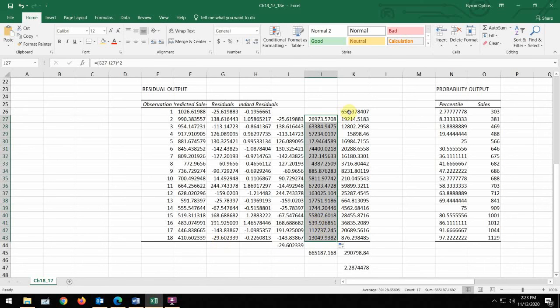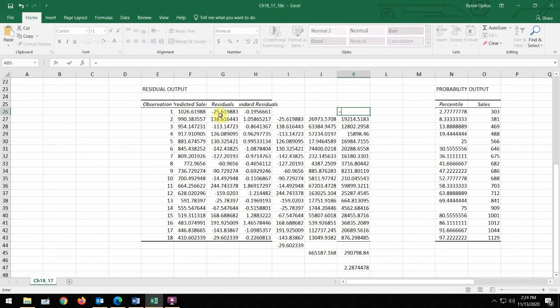Then I come over here, and in this case all I'm doing is taking my residuals and squaring them. So I take this particular residual, this is equal to just my residual. Again, for simplicity, I'm just going to use the caret and the 2, and I drag that one down just to there.